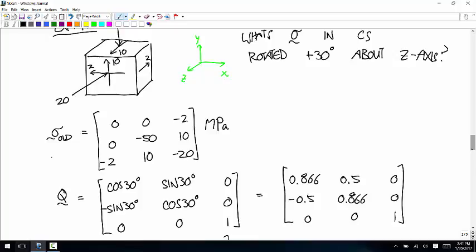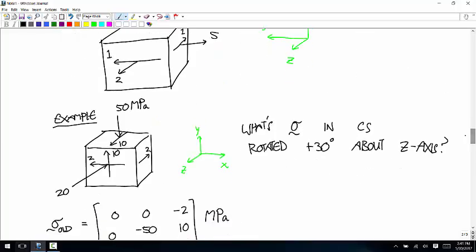Yeah, right. And so, for example, let me try to draw this rotated stress cube on the last one.